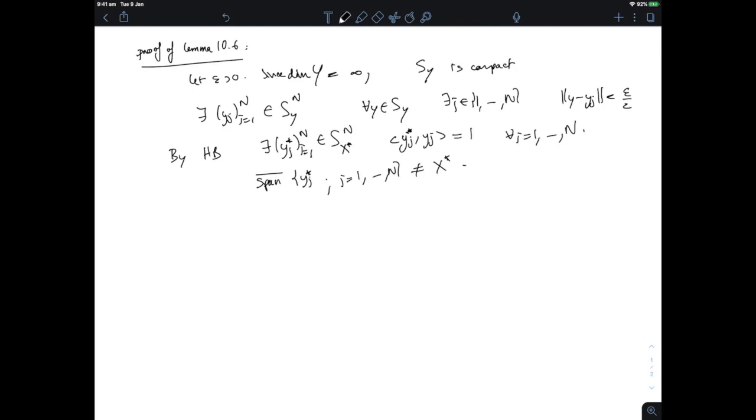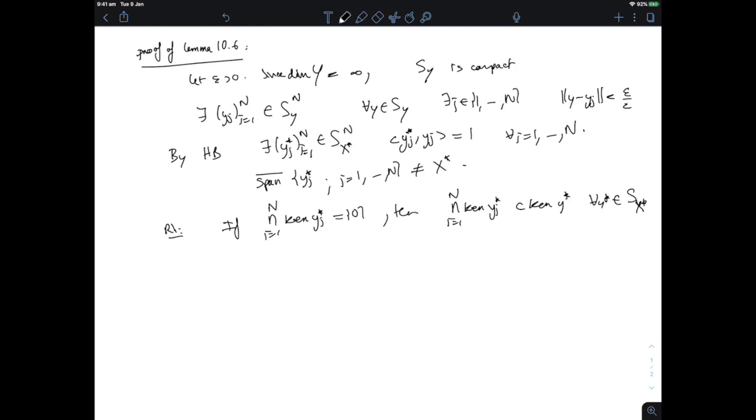Now, I'm also claiming that the intersection of the kernels of the y_j stars cannot be trivial. So this is a remark here. If the intersection of the kernels of the y_j stars is 0, then we have that it has to be inside the kernel of y star for any y star in X star, non-zero, so let's say in the unit sphere of X star.